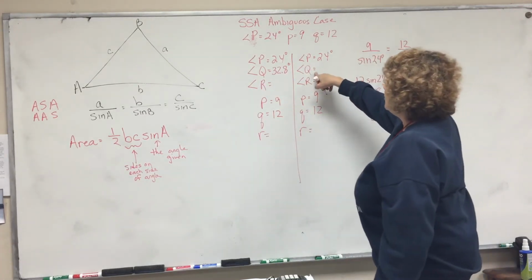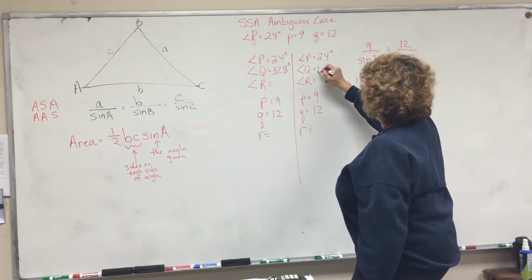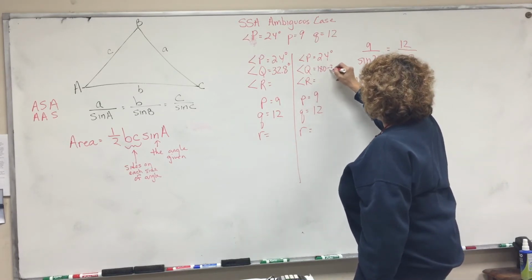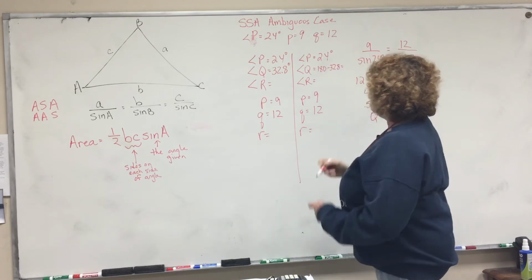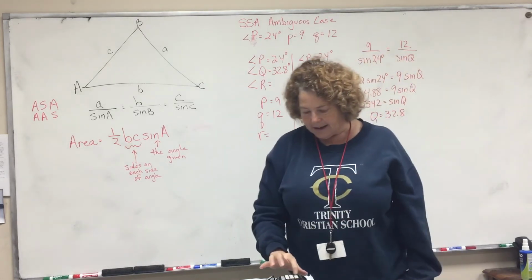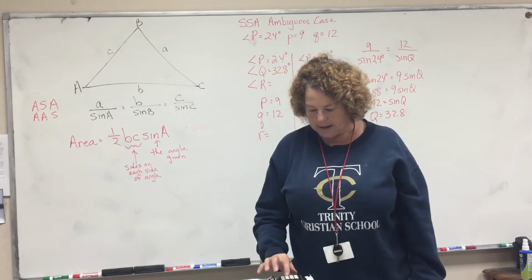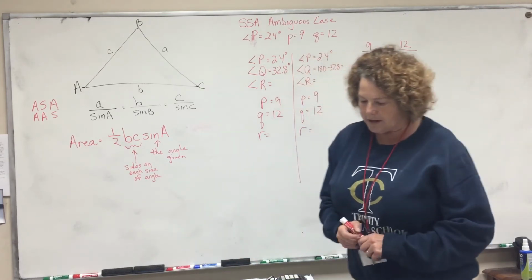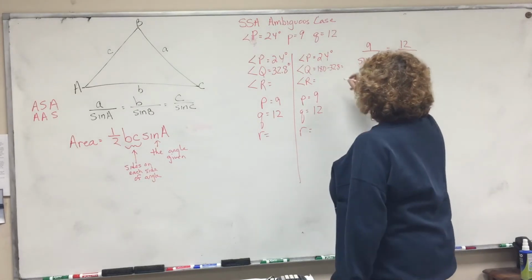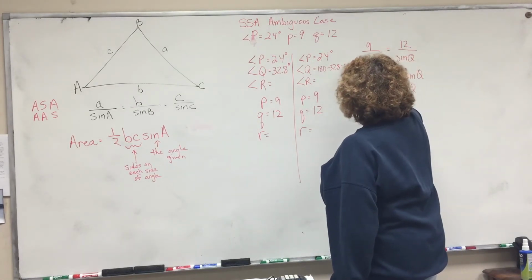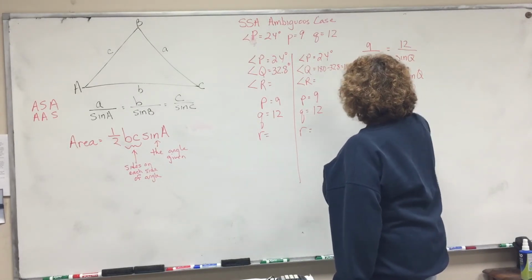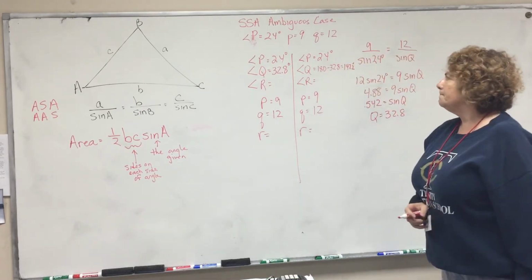So the way you solve for this Q is you would do 180 minus that Q, and you would get the Q of the second. So 180 minus 32.8 gives you 147.2. So 147.2 degrees is the Q of this one.